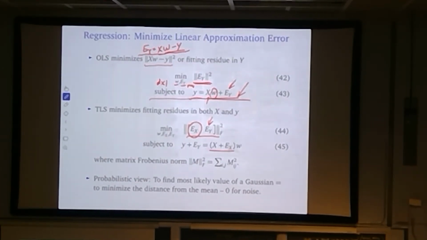Once I add perturbation to X, add perturbation to Y, now the two sets of X and Y can be perfectly related by this linear function, right? You think about all the wiggles. If I adjust them to both X and Y, once they line up on a line, then I have a perfect W to solve for.